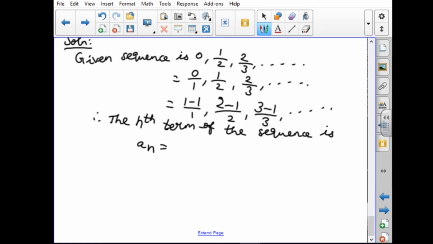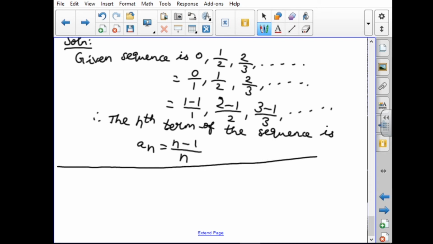These numbers are natural numbers. Natural numbers means n. n is subtracted by the fixed number 1. So n minus 1, and the denominator is also natural numbers. So we write n minus 1 by n. Substituting 1 for n gives the first term. Substituting 2 gives the second term. 3 gives the third term. So this is the nth term of the given sequence.